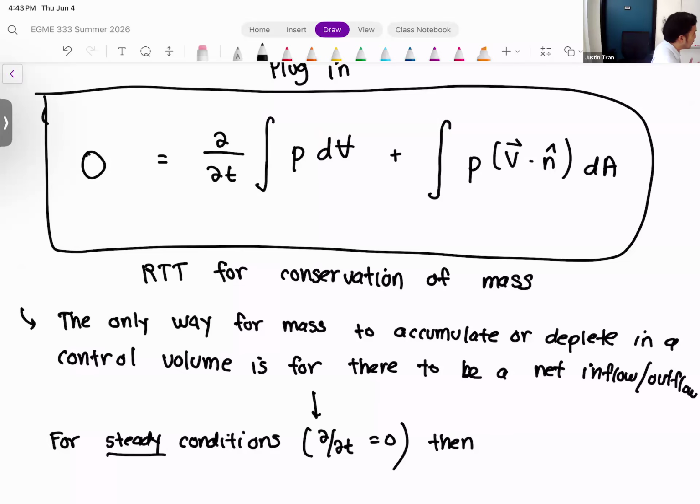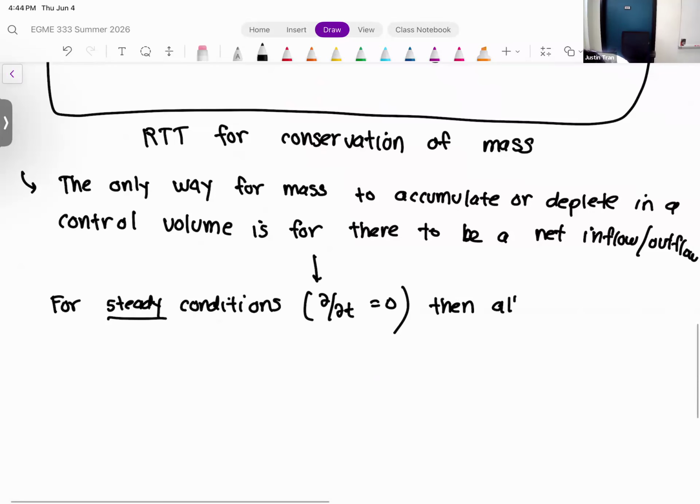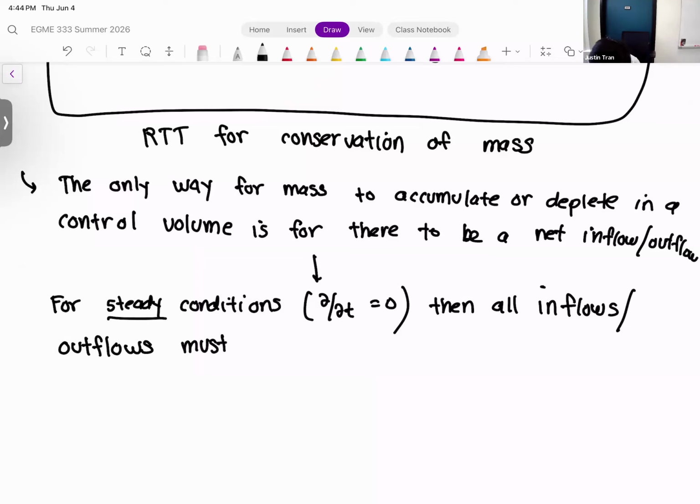If that term is equal to zero, that means all of your inflows and outflows must be perfectly balanced. Okay.